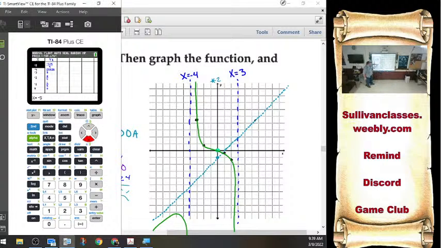Go find some more points. What do I got past 3? 416, I can put that on there. 416. 5, what is that? 10, 30, almost 14.